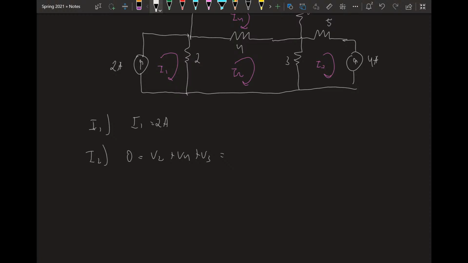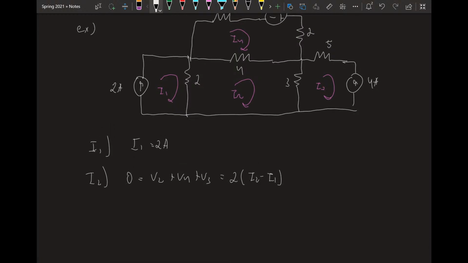Let's write this as V2 is 2, the resistance, times I2 minus I1, because we call this way positive when we're solving for mesh 2, plus 4 times I2 minus I4, plus 3 times I2 minus I3, and this is going to equal 0. And that's our equation for I2, and you would multiply it out and simplify, but I'm not going to do that because that's just algebra.